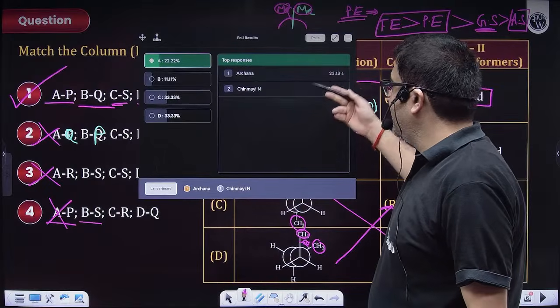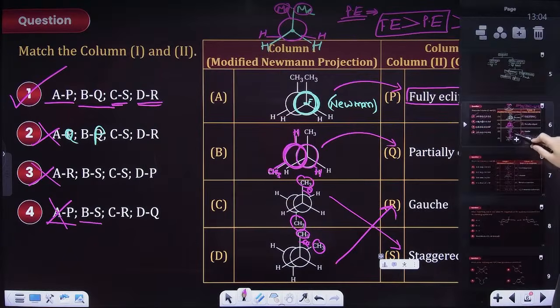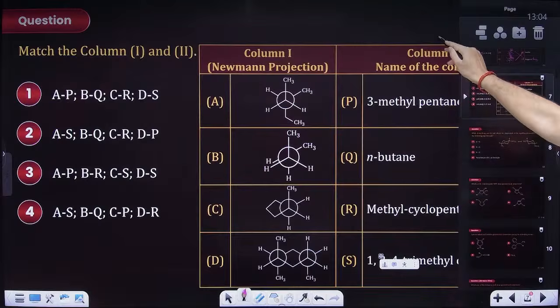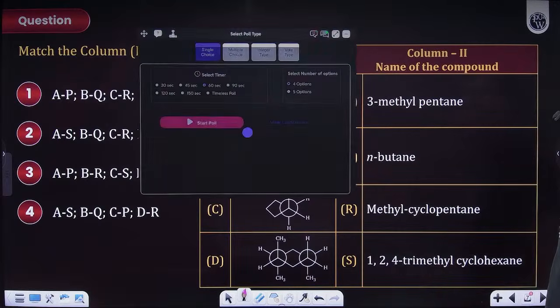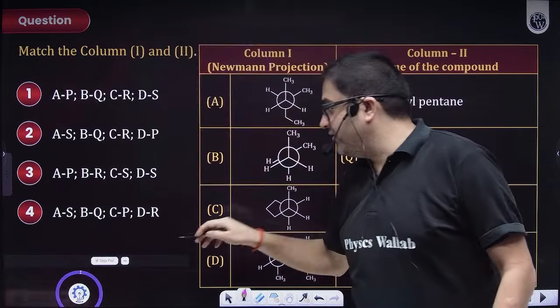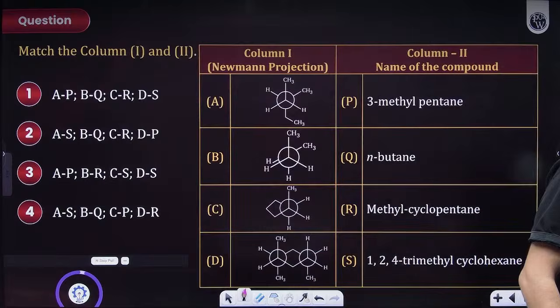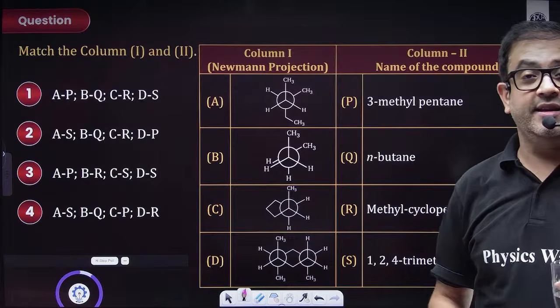Archana, Chinmay, perfect. Now moving to the next one, again a question to revise conformational isomers. Let's hope everything is good with this question, and everybody can extract the best out of it. So quickly start the next one.